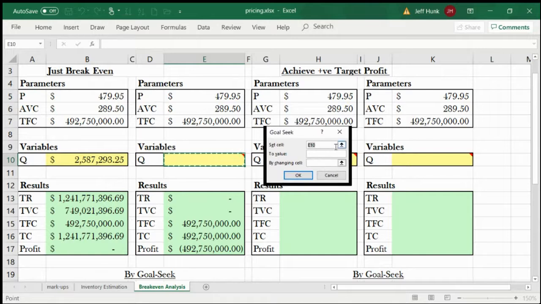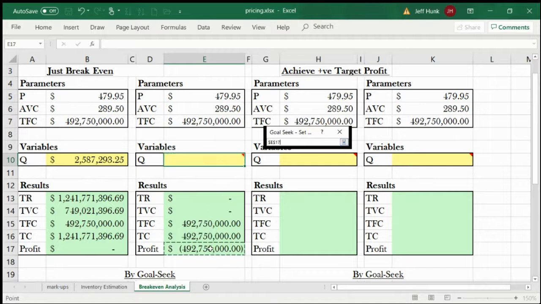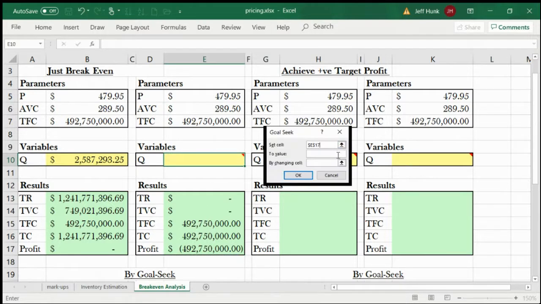Okay, then what does that do? Well, it's basically telling you what you want to do. You want to set this cell to the value of 0. Isn't that what break-even point is about? You want to set this profit to 0, right? By changing what?